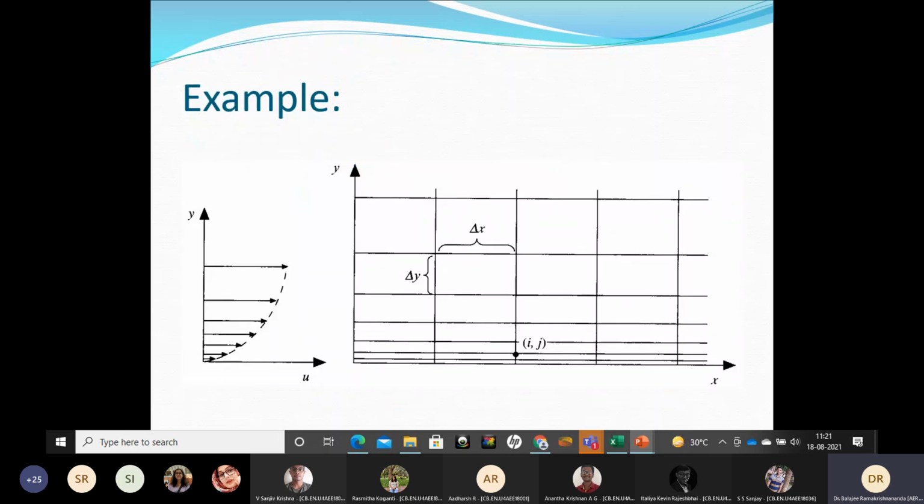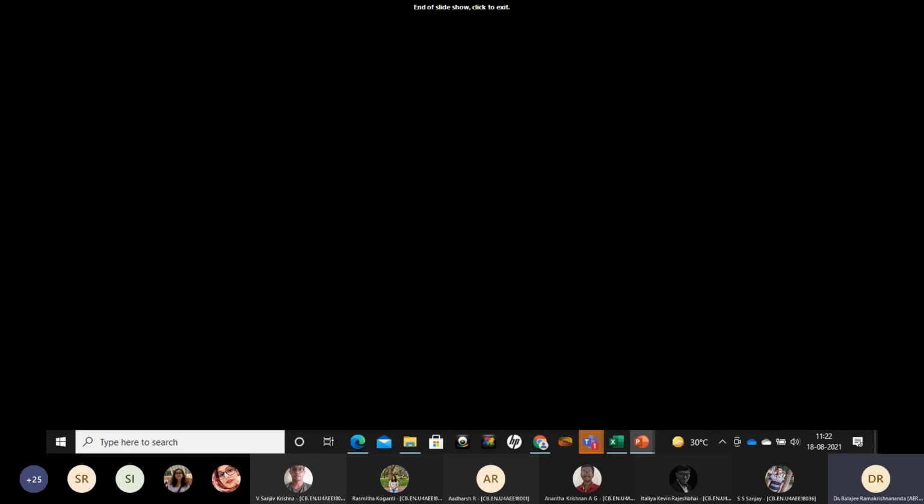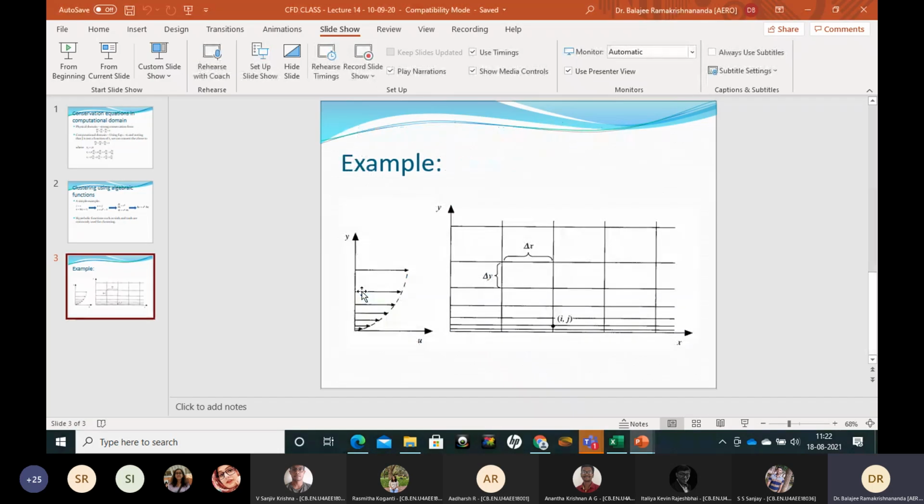Now we'll go one step further and take the continuity equation. We'll see how it looks in the physical domain, then how it looks in this transformed domain, in the transformed equation. That will be the next step.